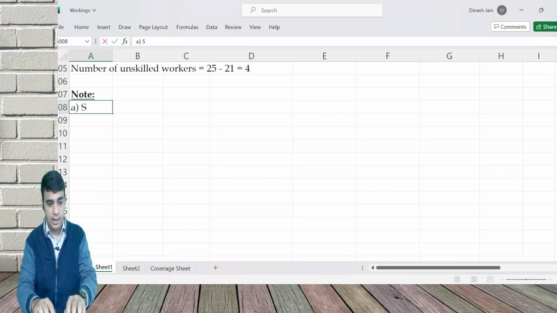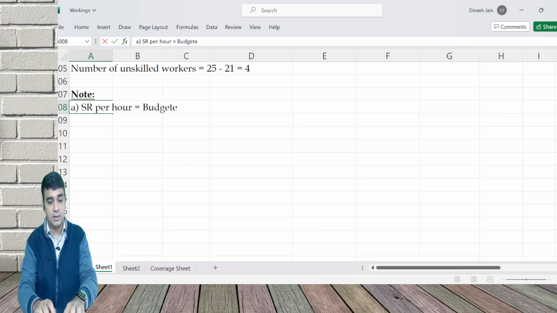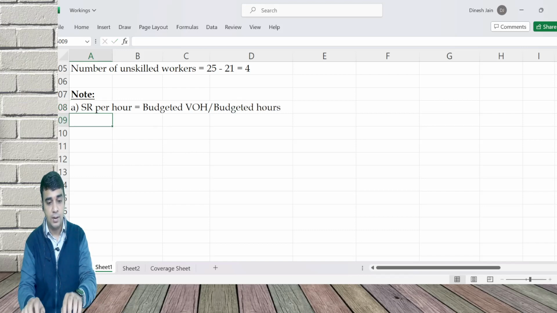Point number A, SR per hour is equal to, we're going to use the formula which we used in the overhead chapter, budgeted overhead by budgeted suitable base. That is how your OAR is calculated. So budgeted variable overhead divided by budgeted hours.